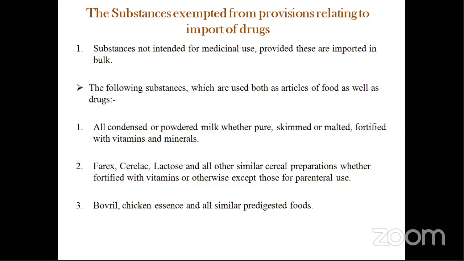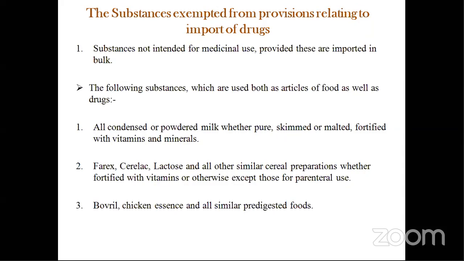When any company is trying to import drugs, other substances imported in the same packet are illegal or exempted. Some food products fall in this category. We know that food products and supplementary products are available in our chemist and druggist shops, but these are not drugs, only food supplements.